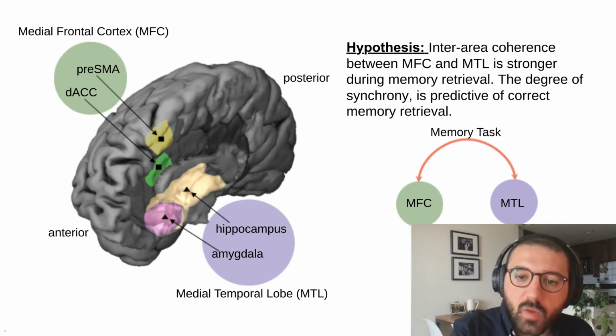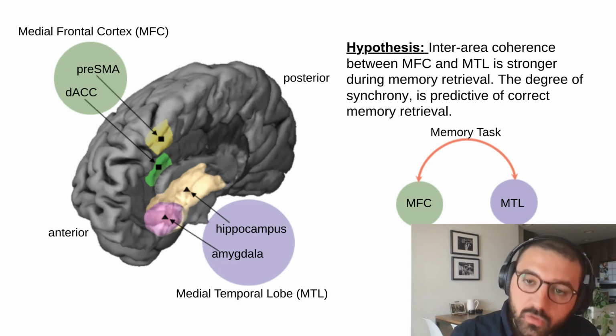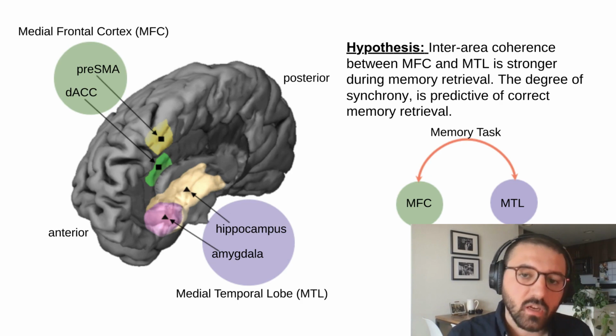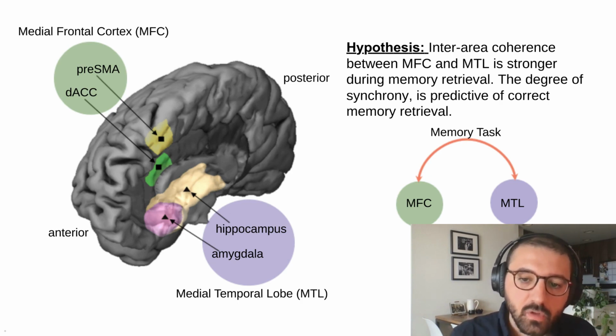So this hypothesis, if you recall, we hypothesized that the inter-area coherence between MFC and MTL is much stronger during memory retrieval. What I haven't shown you here is that the degree of the synchrony is also predictive of correct memory retrieval. And if you're interested in seeing those results, I'd like to refer you to the published manuscript.